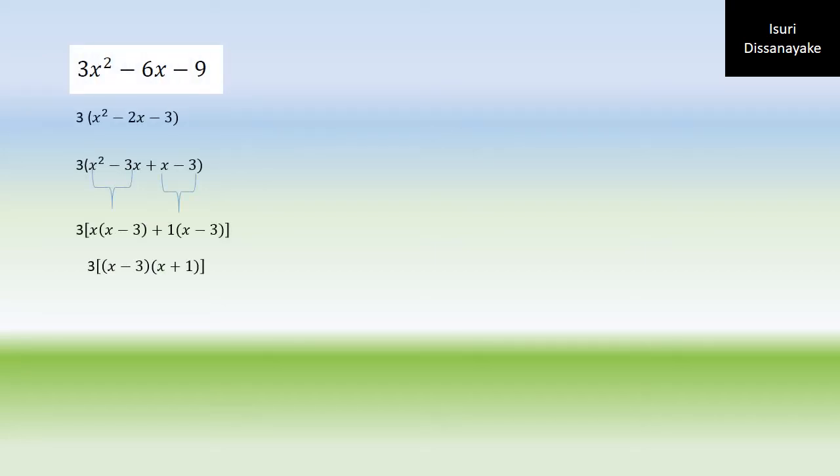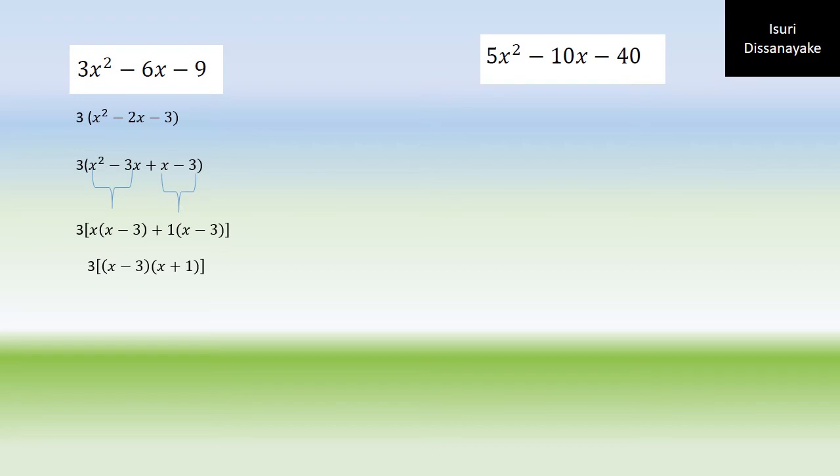So we have x minus 3. Out of the next two numbers, you bring plus 1 out. We have x minus 3. So we have x minus 3, a common factor. X plus 1, the other factor. And I told you the common value that you brought out from the bracket at the beginning, you can write it as it is.